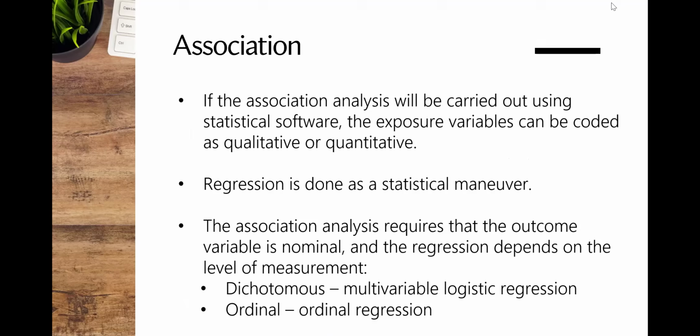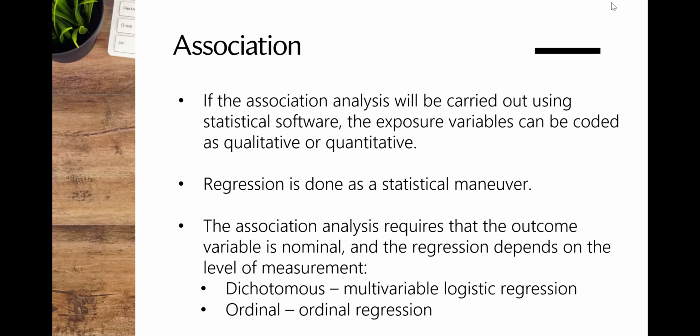Now, regression, which you may have heard of, is done as a statistical maneuver. So this association analysis, as I said, requires that the outcome variable is nominal, and the name of the regression depends on the level of measurement.